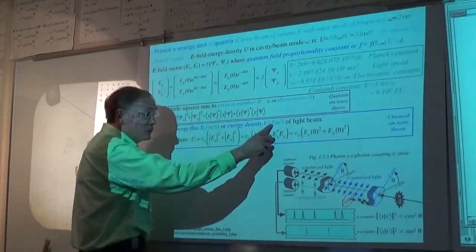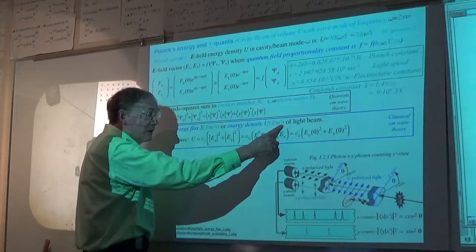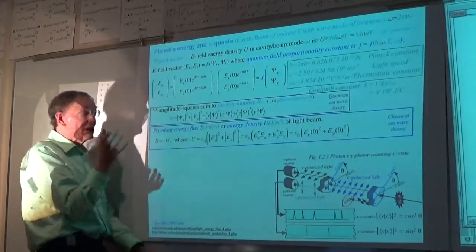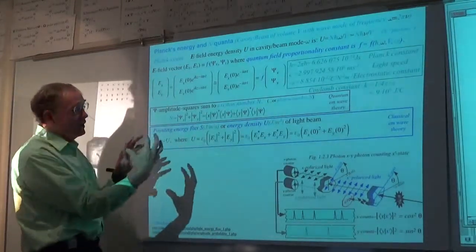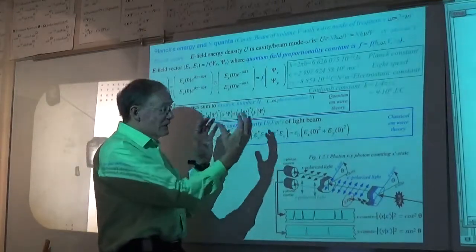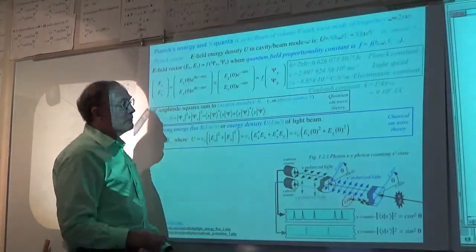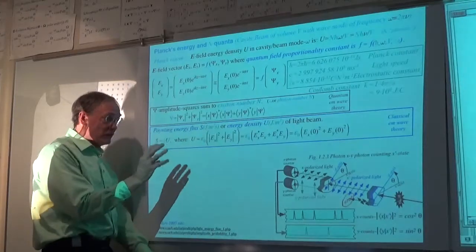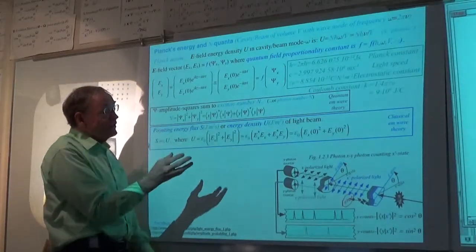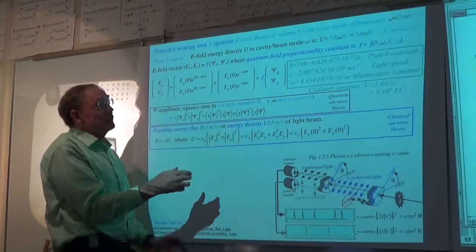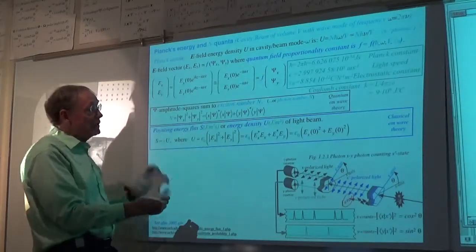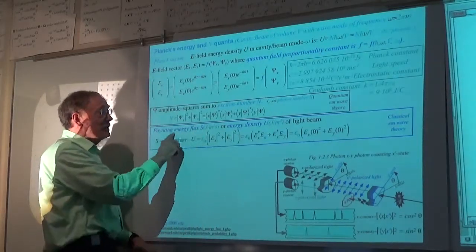But let's make a connection between energy density, that's joules per cubic meter in our MKS unit system, of a light beam. That would be a nice thing to use if you had a cavity and wanted to discuss the energy density per volume. But if you open the door on the cavity, something's going to come out, and that's going to be an energy flux.